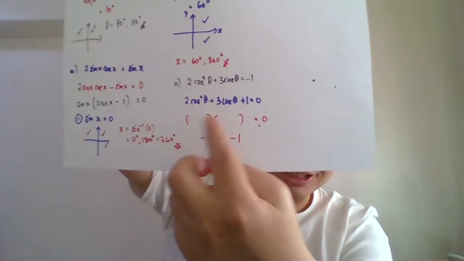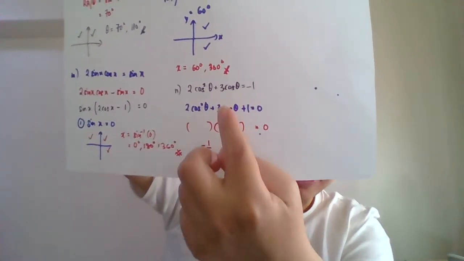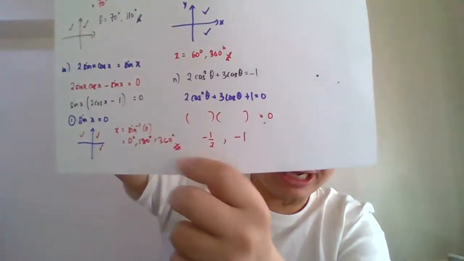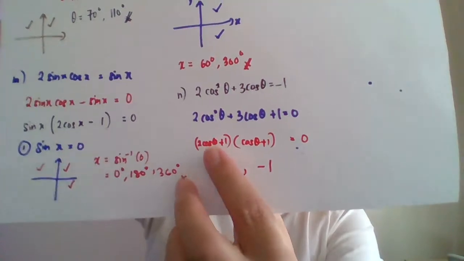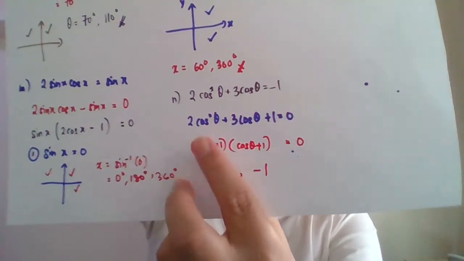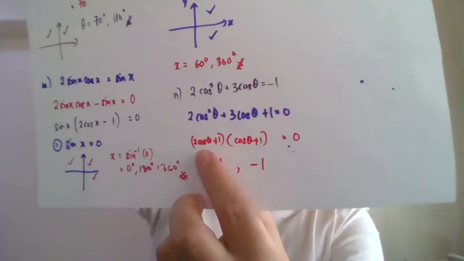And then don't forget in the middle between these 2 answers, you must put 2 brackets. Okay, what we need to put inside this bracket? Senang je. As usual, look at your answer. Negative 1 over 2 should be 2 cos theta plus 1, cos theta plus 1. Instead of you using 2x plus 1, now your x is no longer x but cos theta.